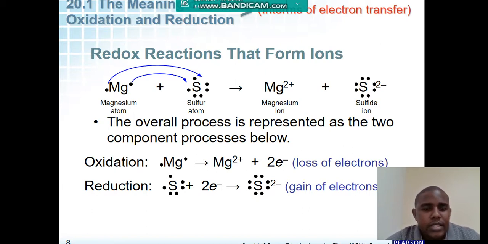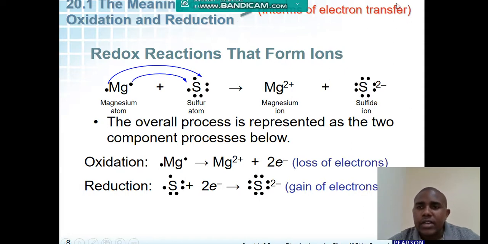But in this regard, we do not have any oxygen removal or addition. But again, oxidation and reduction can be defined in other ways, and this is one of the other ways, in which we discuss oxidation and reduction in terms of electron transfer.